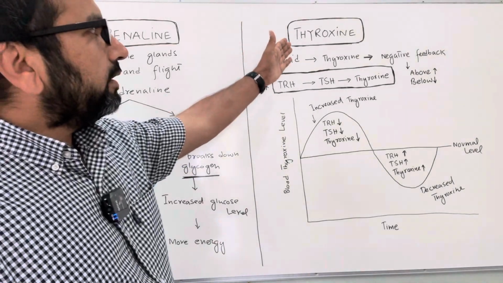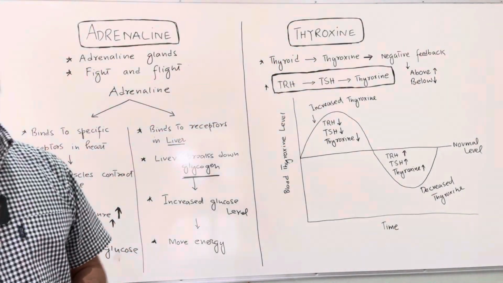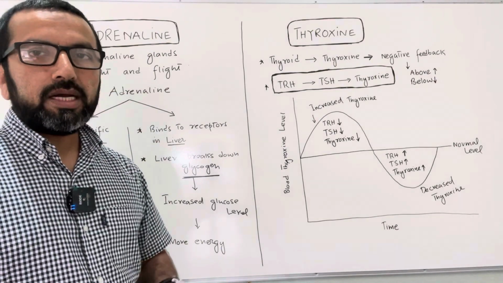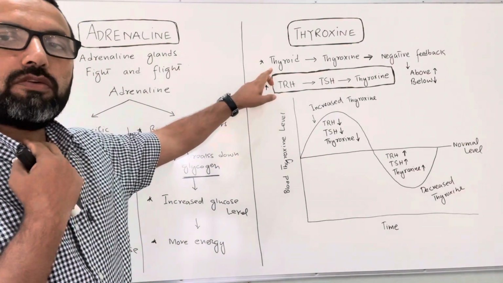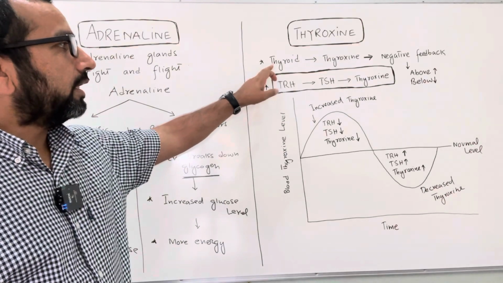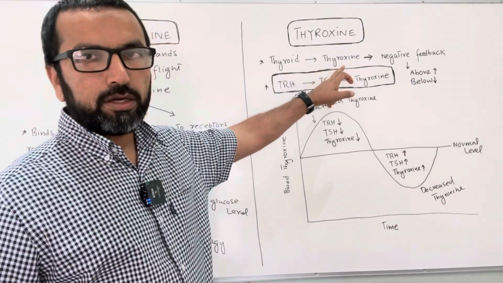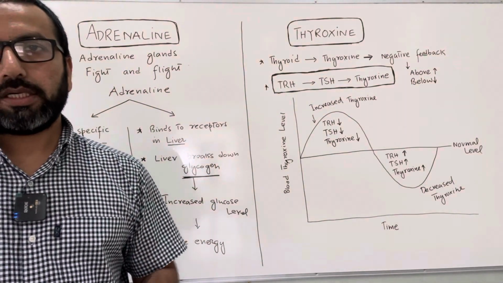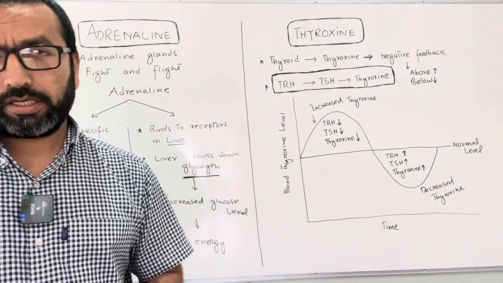The second hormone is thyroxine, which is produced by the thyroid gland in the middle of the neck. The thyroid gland produces thyroxine, and thyroxine controls the rate of metabolism in our body.